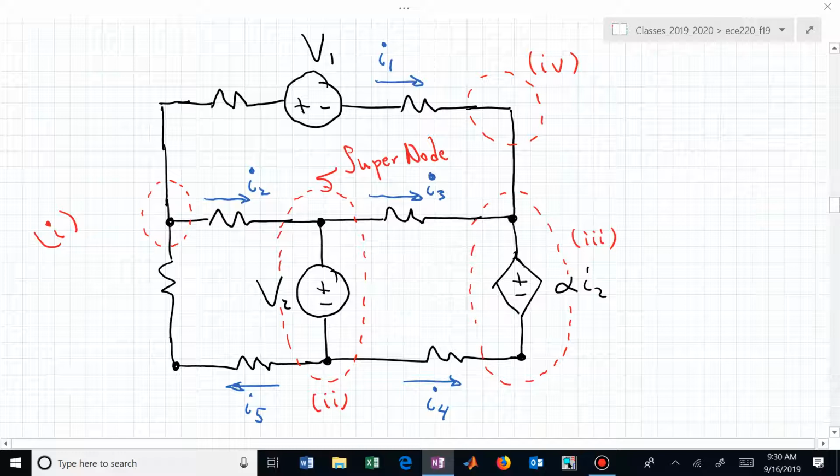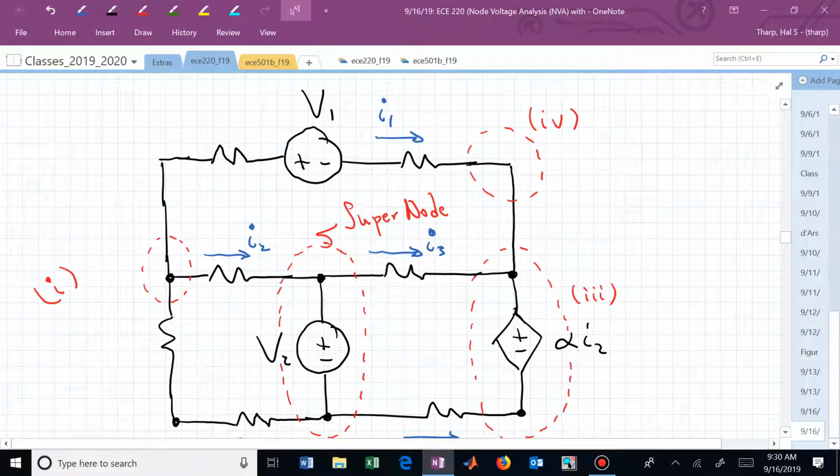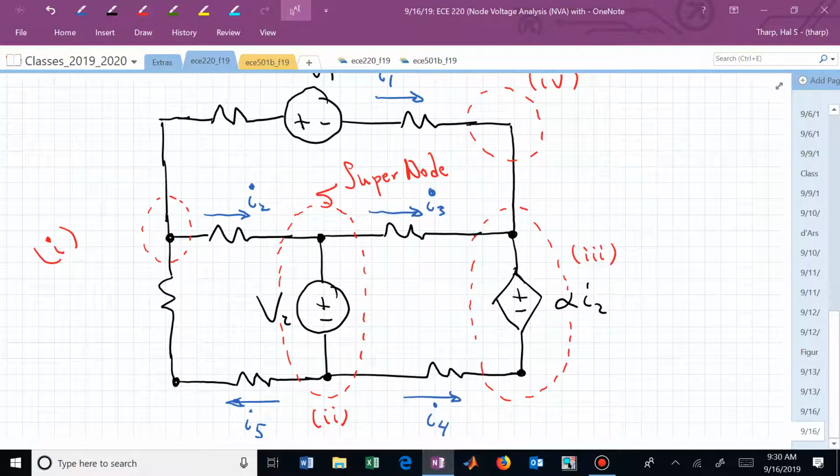That's one way to express KCL: the sum of the currents leaving a node equals 0. What about now if we write down the sum of the currents leaving I? Here I have I in quotes. That's referring to the enclosed set of branches to the right. How would I write that expression?